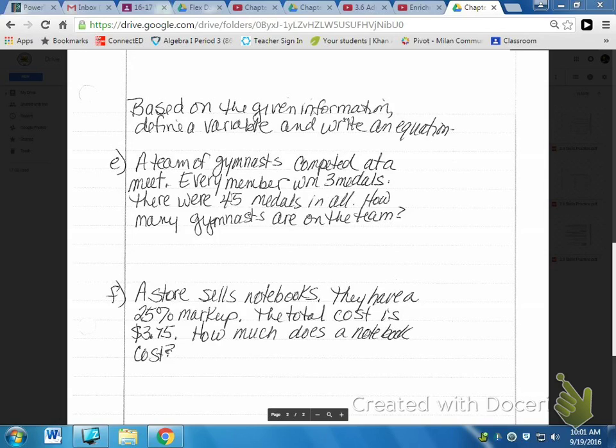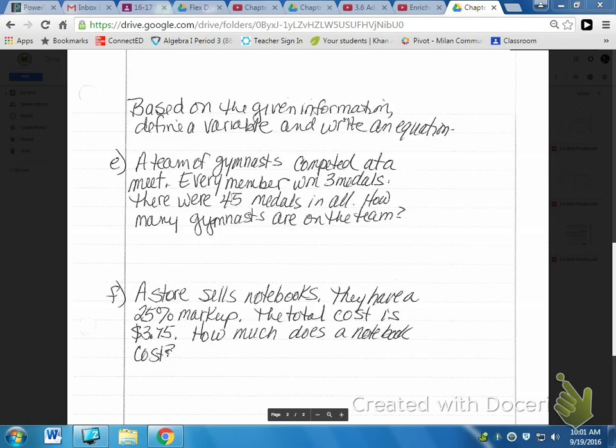So a team of gymnasts competed at a meet. Every member won 3 medals. There were 45 medals in all. How many gymnasts are on the team? So the important part is, first of all, figuring out what you're solving for, and then what would make sense to be a variable to represent that.